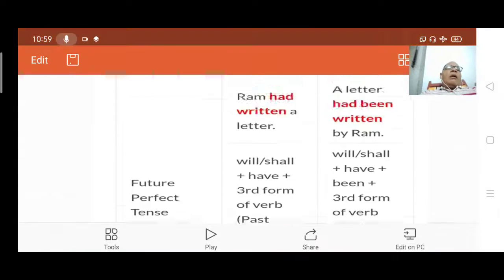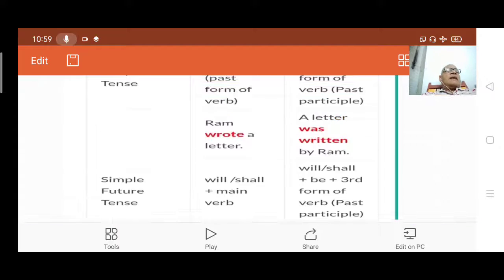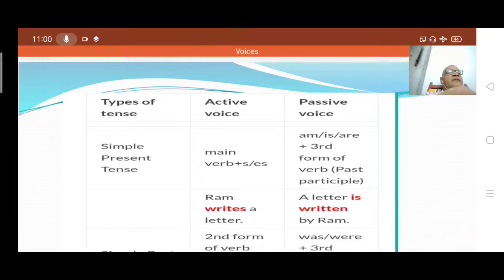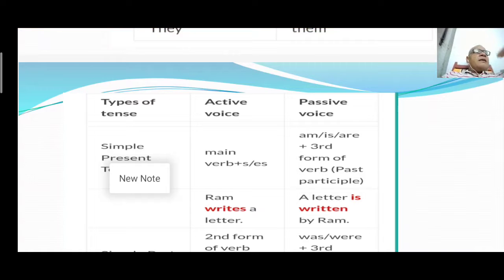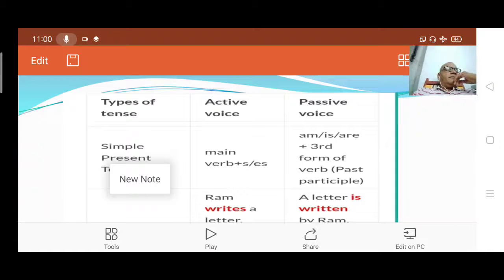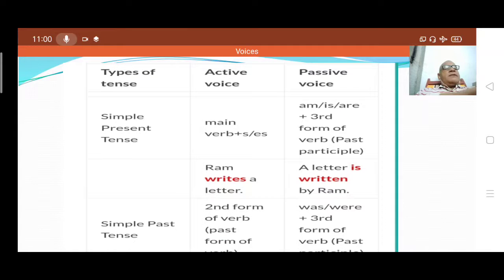Here, all these tenses which we transfer, almost all 8 tenses, have negative forms also, so all the negative forms can also be changed into passive voice. Let me go with one or two examples here. Simple present tense negative sentence. For example, Rama writes a letter.